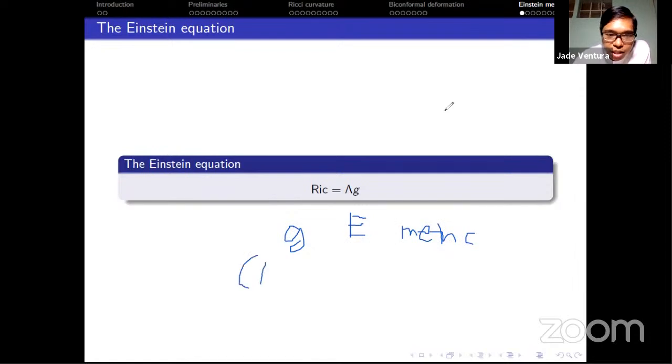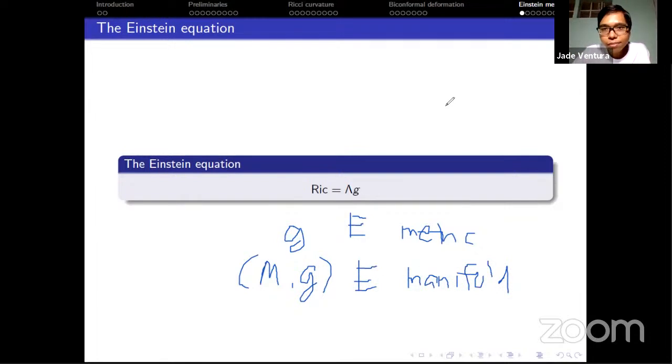And if G is a metric in this pair M, G, where M is the topological manifold, a smooth manifold, and G is a metric on it, and G is an Einstein metric, we call this pair an Einstein manifold. So that's the Einstein equation in the Riemannian context, which we are working with today.